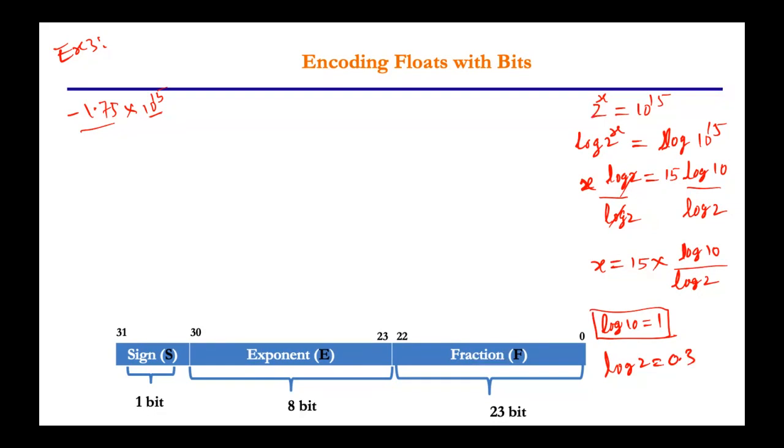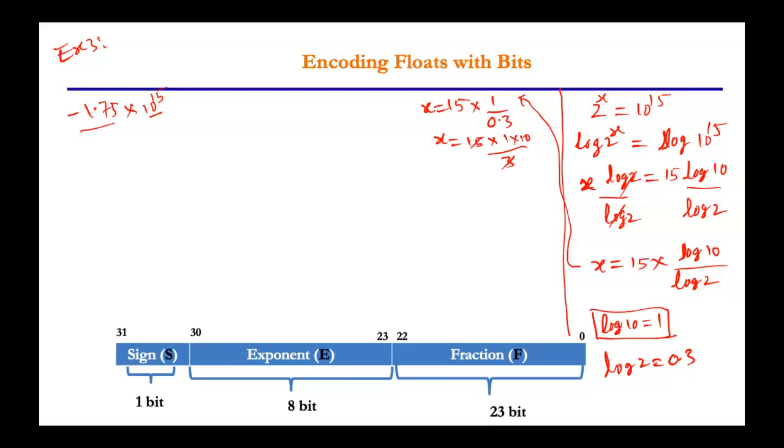So x is equal to 15 into 1 divided by 0.3. This can be written as x is equal to 15 into 10 divided by 3.